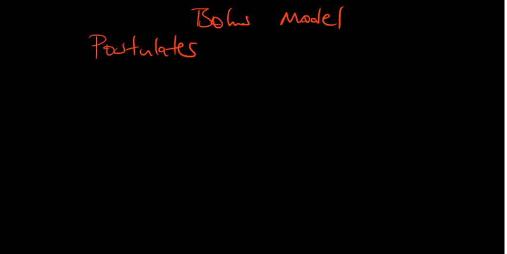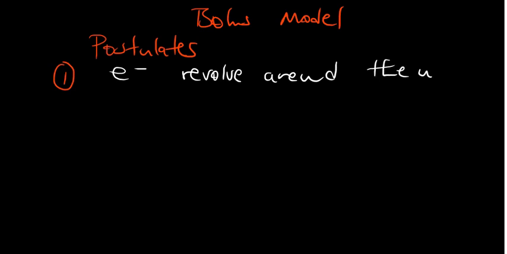So number one of the postulates of Bohr is, in an atom, electrons revolve around a positively charged nucleus. That's number one. Electrons, which are negatively charged, of course, revolve around the positively charged nucleus in a definite circular path called shells.